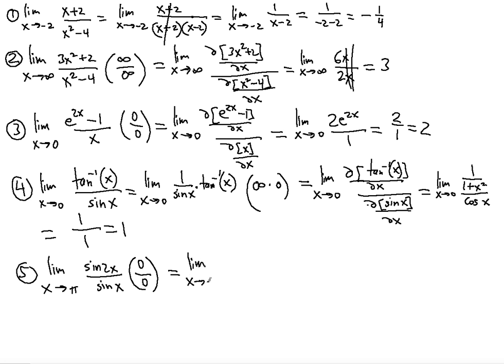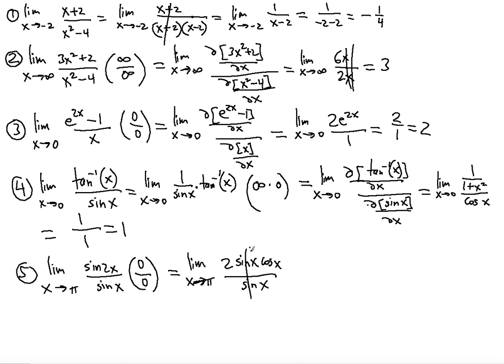But before you do that, notice that you can use the identity for the double angle, because the double angle of sine is going to be 2 sine x cosine x, divided by sine x.